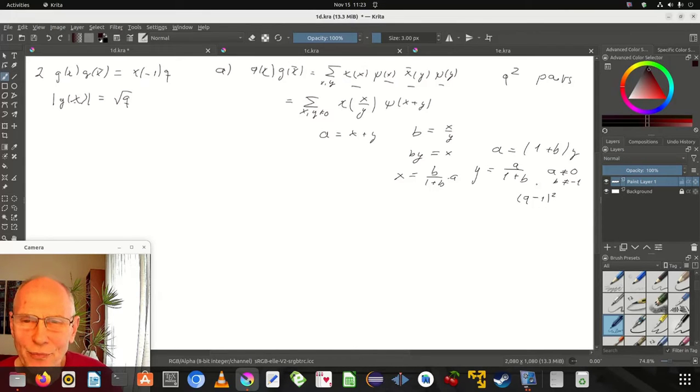If a vanishes and b is minus 1, that was equal to them having opposite signs.